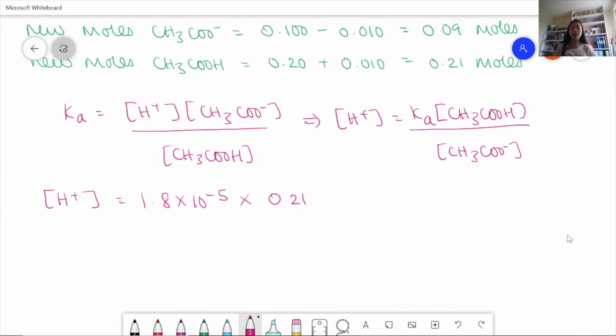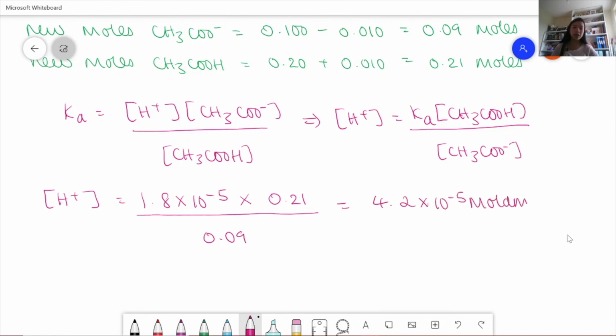We don't need to convert to concentration, because the volume of the ethanoic acid and the volume of the ethanoate are the same, so they just cancel. We divide that by 0.09, and this gives us 4.2 times 10 to the minus 5 moles per decimeter cubed.